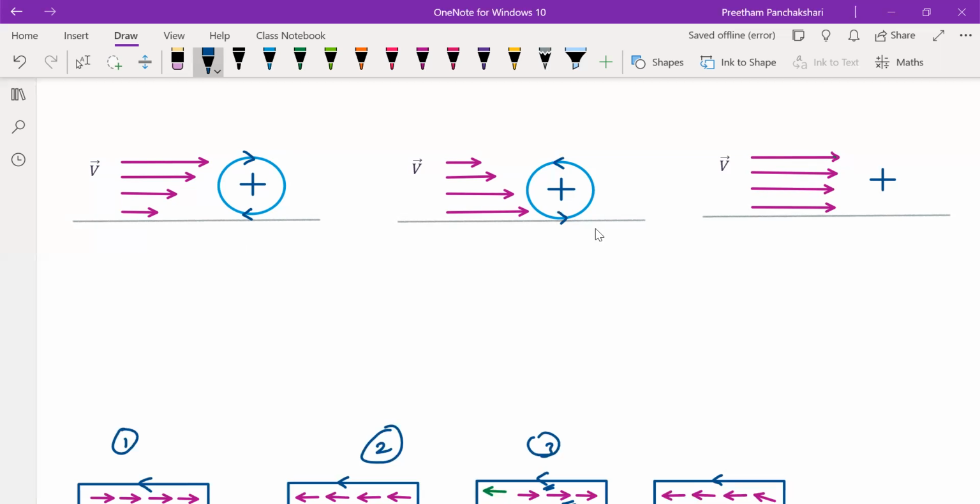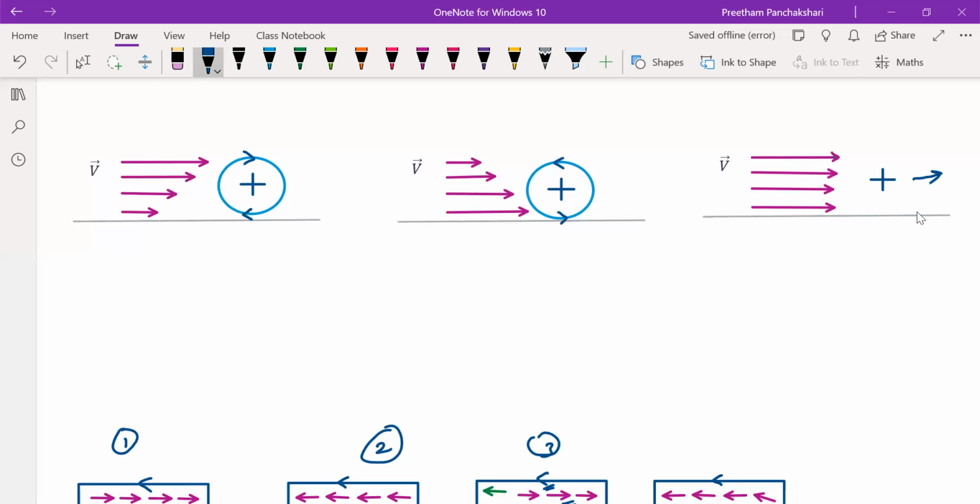And if you take a look at the third example here, the object is not experiencing a velocity gradient. The velocity acting on the object is the same. That's why this object doesn't experience any circulation force, and the force acting is linear.